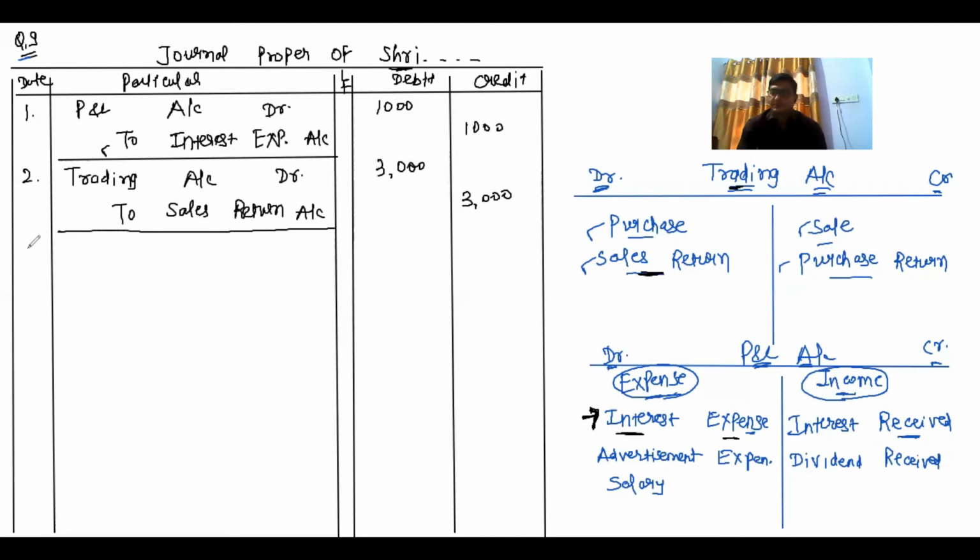Third one, purchase return. Purchase return is given on the credit side of trading account. So trading account credit and purchase return account debit. Amount is 2000.